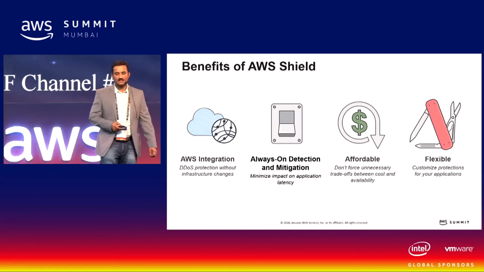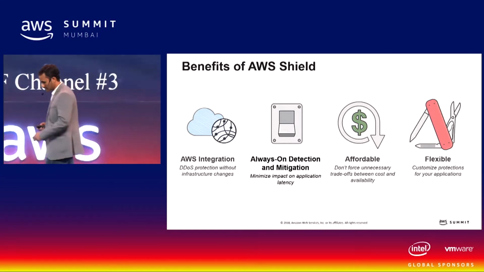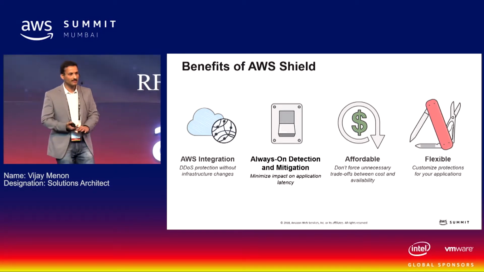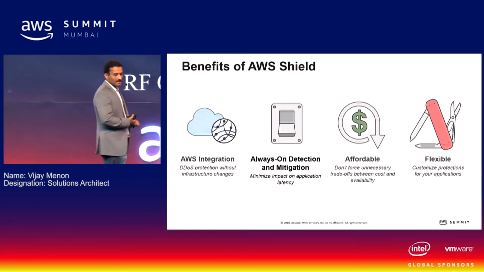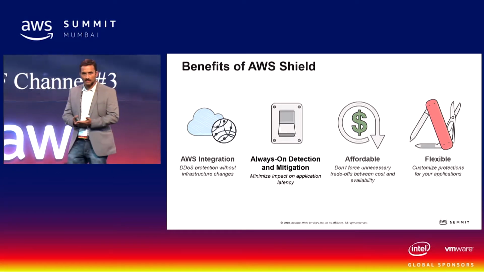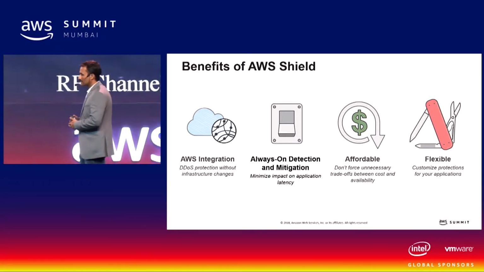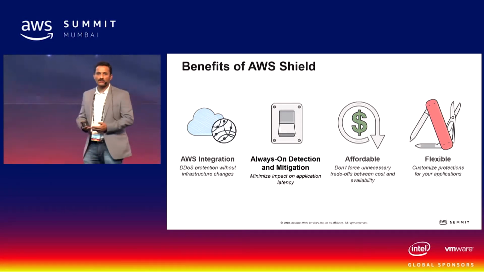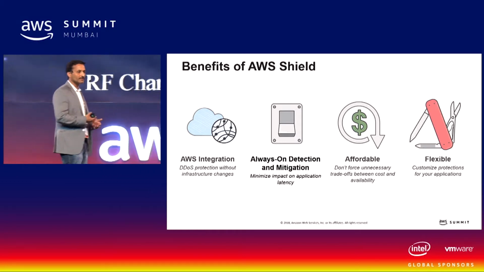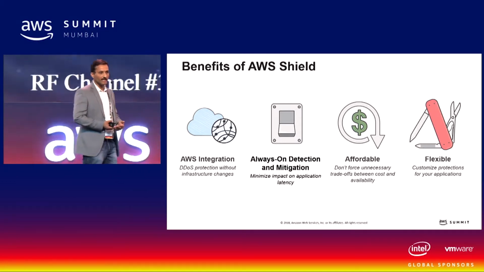It's an always-on protection all AWS users get by default, right? It is tightly integrated with AWS services, and it's very flexible. You can turn it on and off at will, and you can configure the Shield rules according to your needs, right?